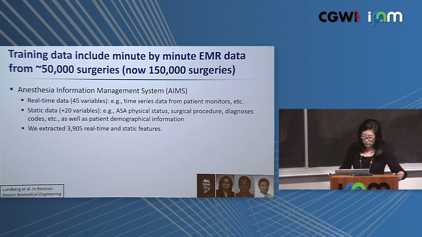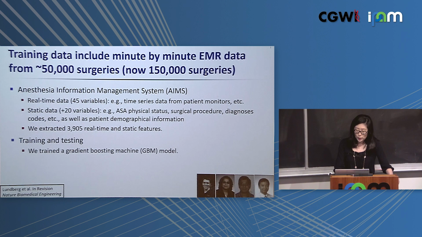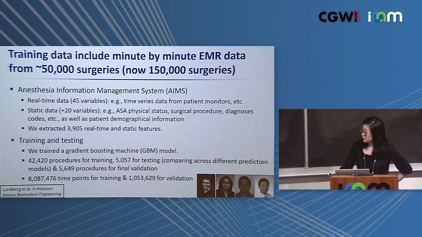We extracted 3,900 features based on these variables and trained a gradient boosting machine model, GBM. I'm going to explain later why we chose this model. To ensure that there's no bias towards the final test result, the test data was initially compressed, zipped, and left untouched until the development was done.